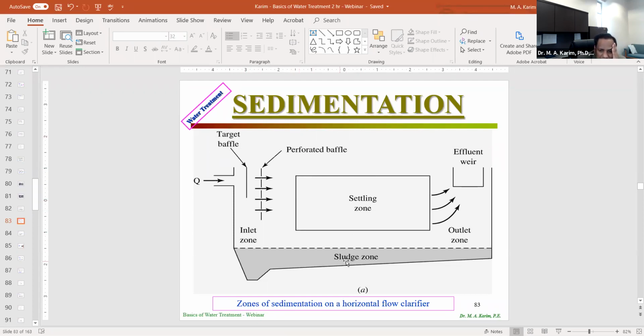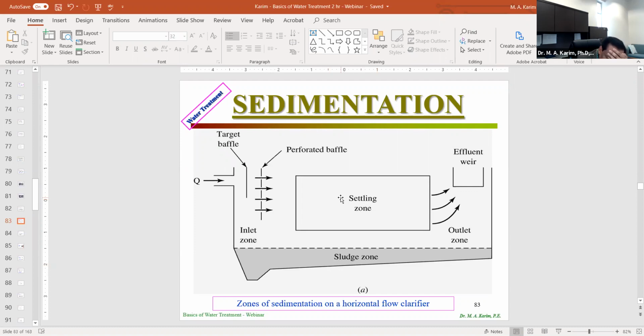So there are a few things. And this is called the sludge zone. Sludge basically settles here, then we can pump it out from the sump. Now, the sedimentation process works by the resultant force.